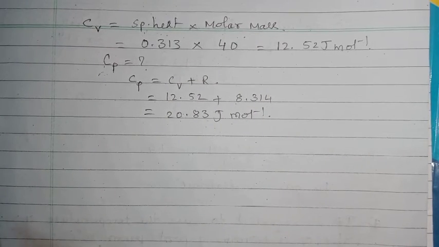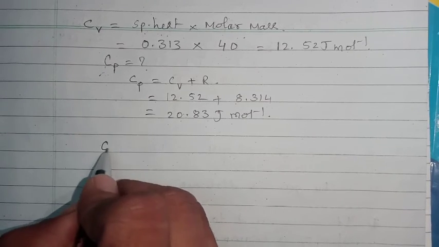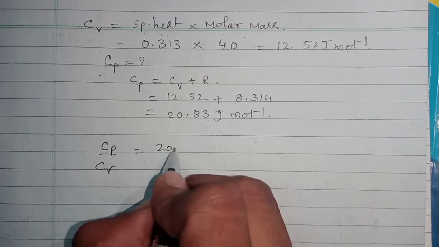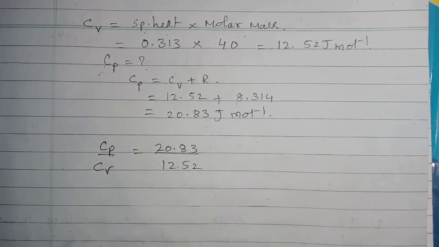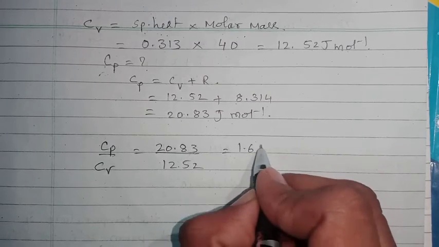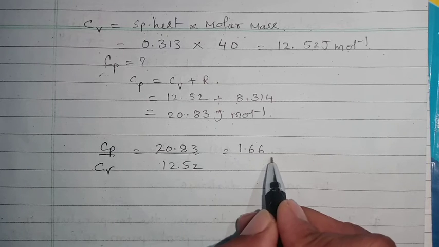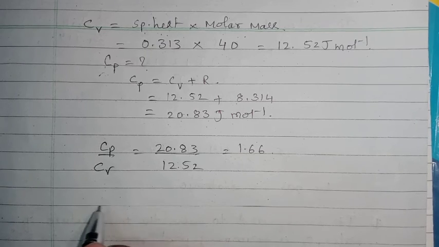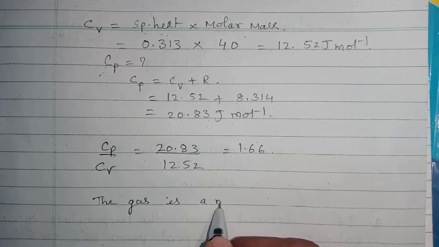To calculate atomicity, we take the ratio of Cp and Cv. So Cp by Cv is equal to 20.83 divided by 12.52. On division, we get 1.66. This value refers to the gas being monoatomic. The gas is monoatomic.